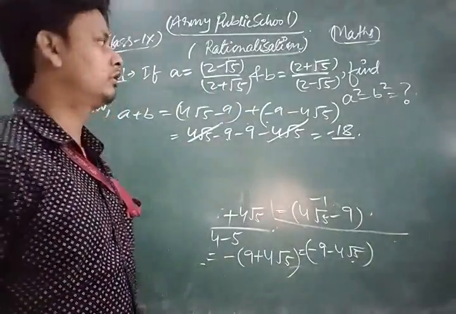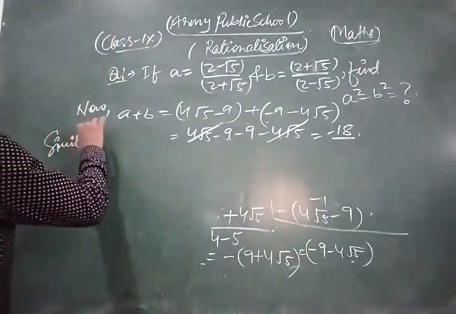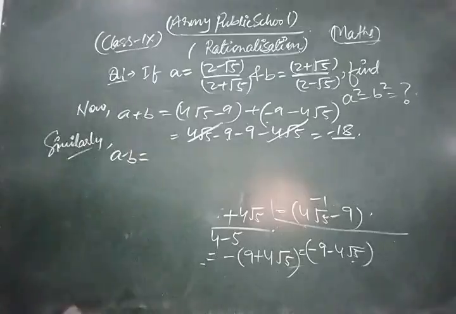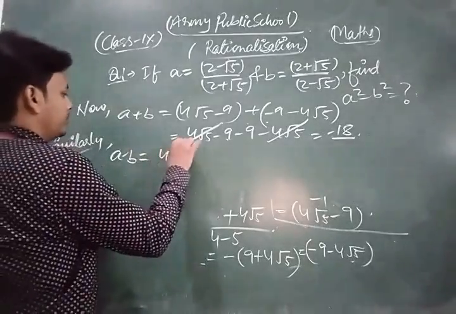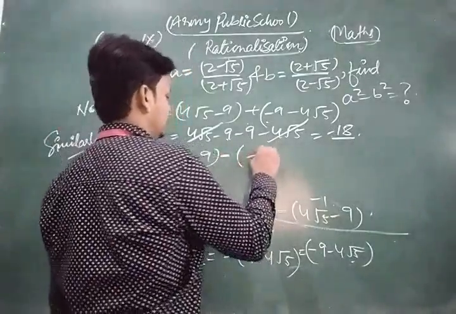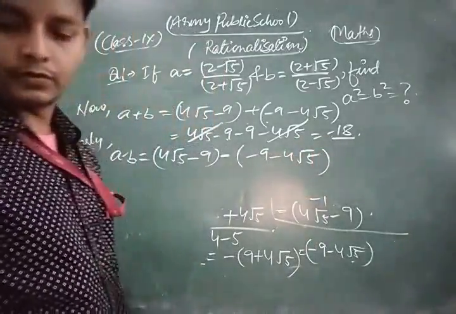Similarly, we find the value of a minus b. Look, a is 4 root 5 minus 9, minus b, which is minus 9 minus 4 under root 5.